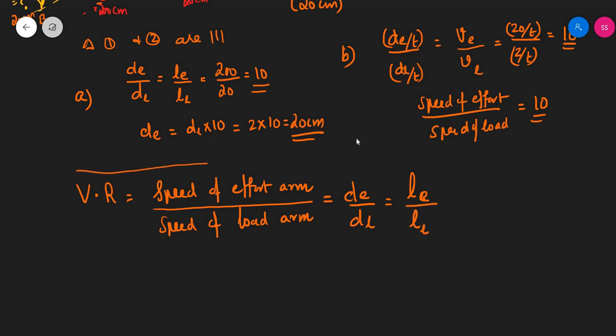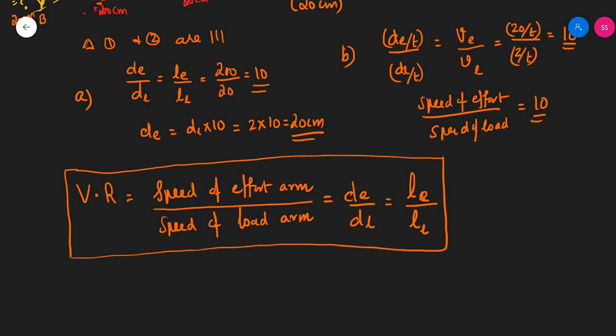So this is your definition for velocity ratio. And unlike mechanical advantage, assuming your rod doesn't bend at all, this is true for ideal and non-ideal scenarios.